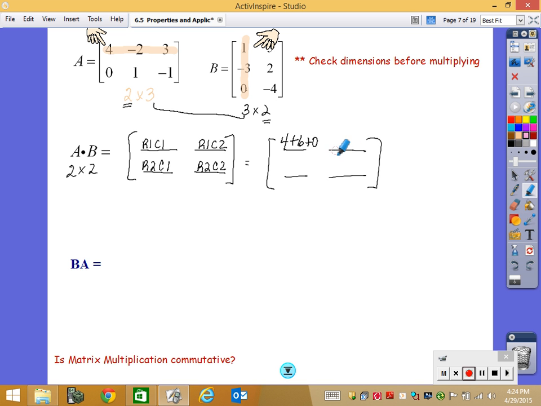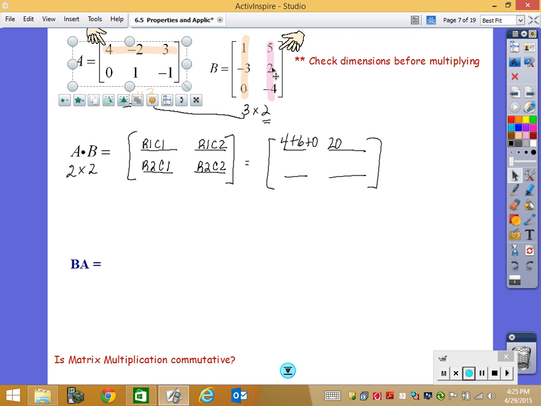When we move to row 1, column 2, I have to pick up my fingers and move it. So I have 4 times 5 is 20. Then I have negative 2 times 2 is 4. 3 times negative 4 is a negative 12.